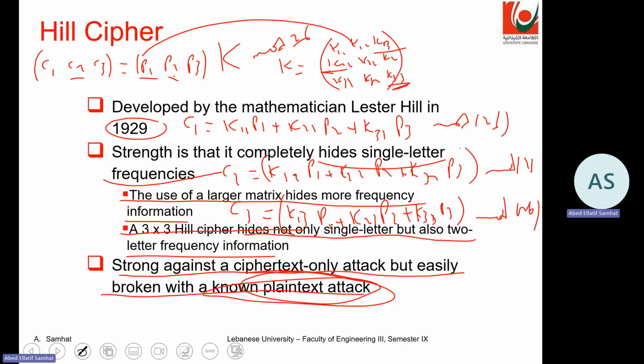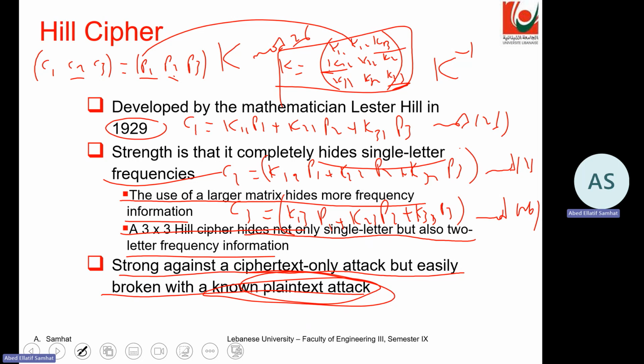In order to recover, as we said, we should find for every secret key K the K minus 1, which is the inverse matrix, and it should be the inverse matrix mod 26.